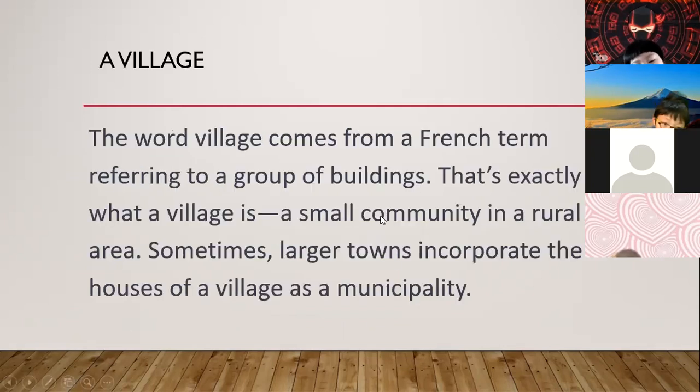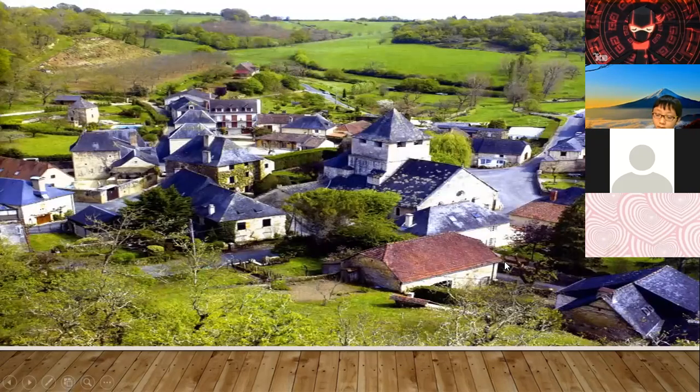So a little bit more information. The word village comes from a French term, referring to a group of buildings. That's exactly what a village is, a small community in a rural area. Sometimes larger towns incorporate the houses of a village as a municipality. So some pictures of villages.